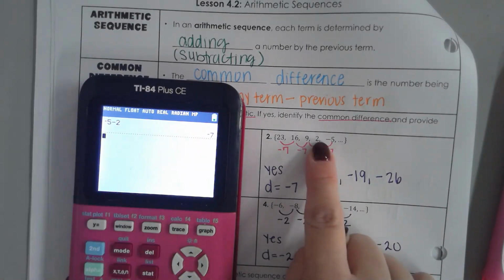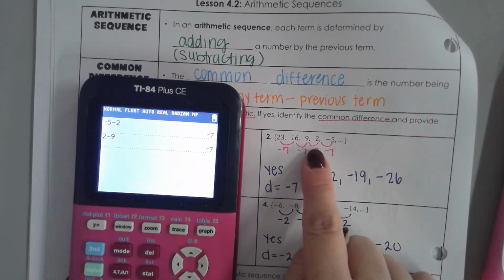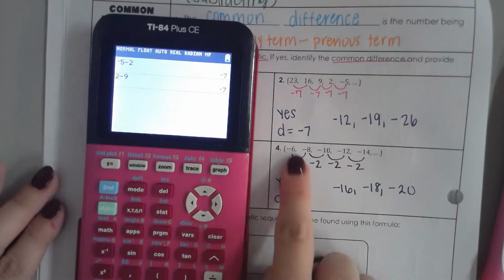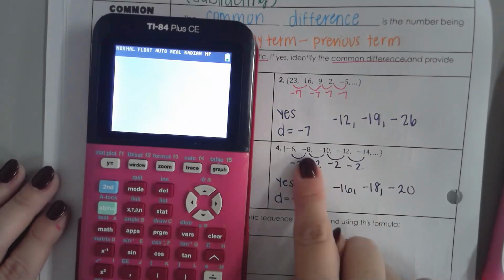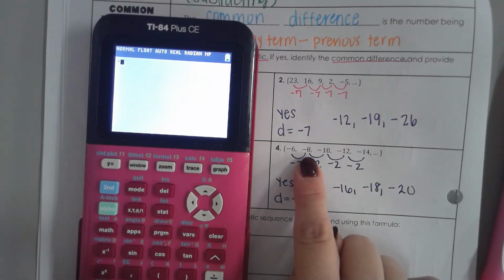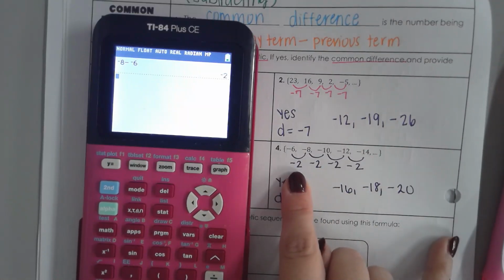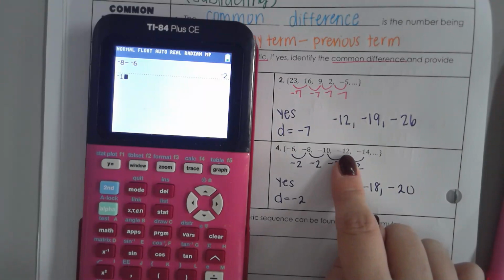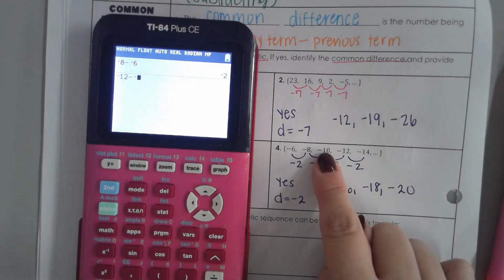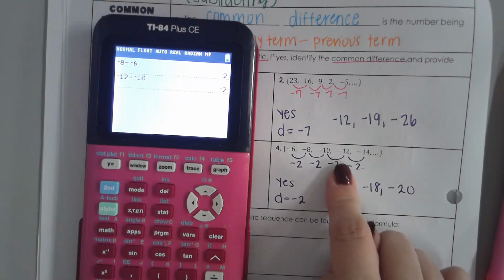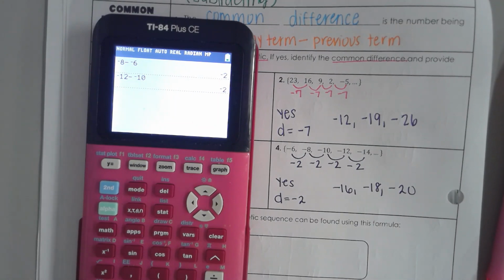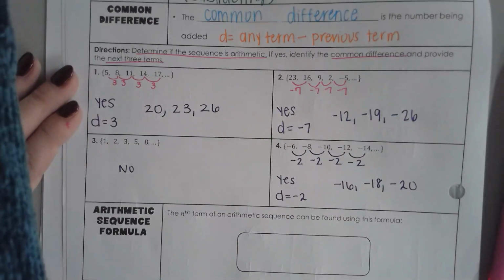If I do 2 minus 9, I get -7. If I look down here at question number 4, -8 minus -6, I get -2. I could do -12 minus -10, I get -2. So any term minus the one before it is a way to get your common difference.